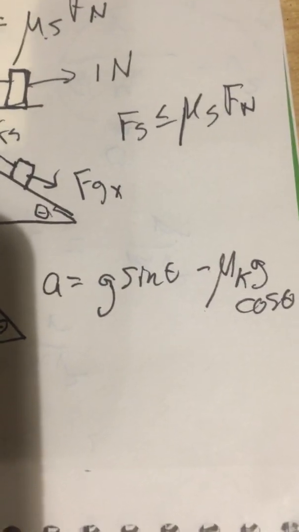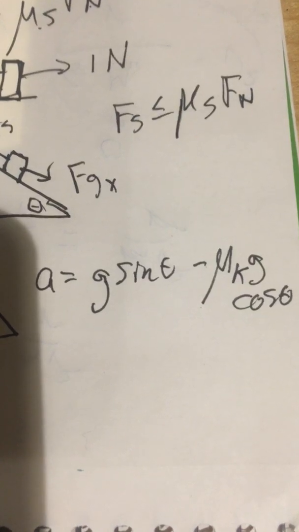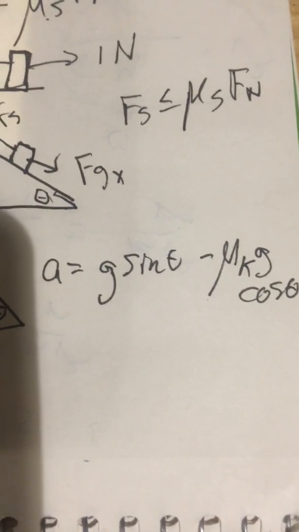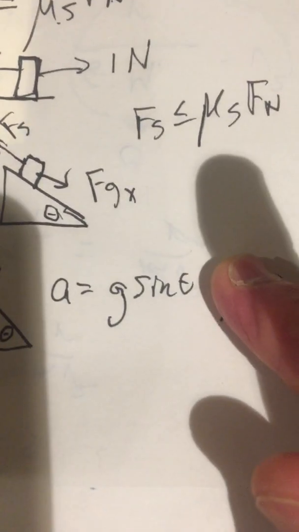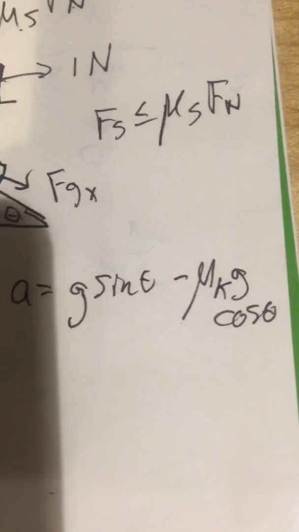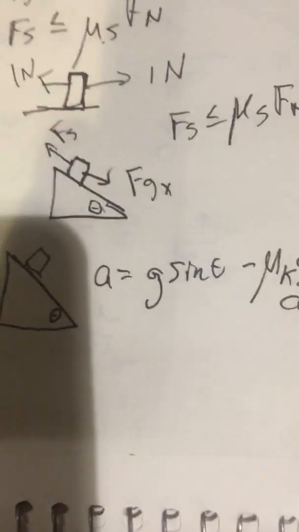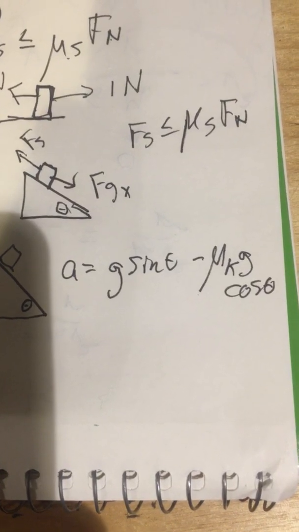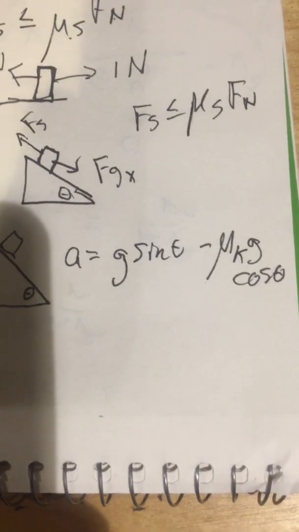This is the equation for acceleration of an object down a ramp when there's kinetic friction. After static friction is broken, then you'll have kinetic friction. And of course, without kinetic friction, you'd be back to the same old acceleration you had earlier. With kinetic friction, the acceleration is going to be smaller than it had been without friction. Okay, one more video after this.